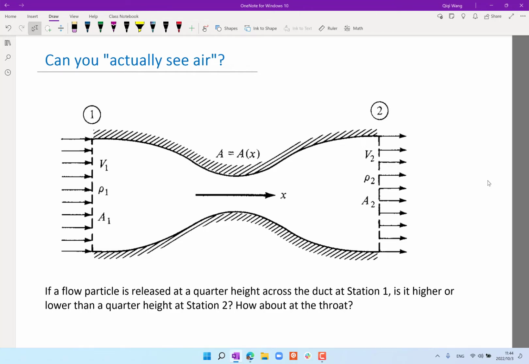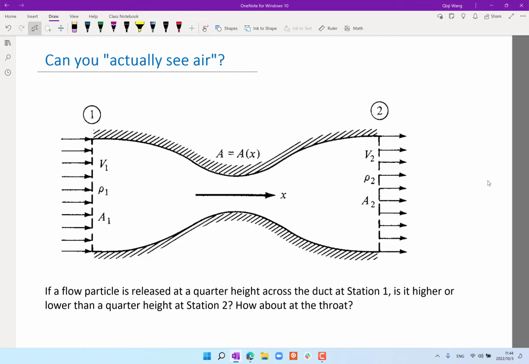The pressure decreases from here to here, and that thins out the boundary layer. But over here, the boundary layer might be pretty thick because you are at an adverse pressure gradient, which thickens the boundary layer. So your concern would be perfectly valid over here. Because of the boundary layer, the location of that particle may not be quarter height over here. But over here, the boundary layer is much less of a concern.